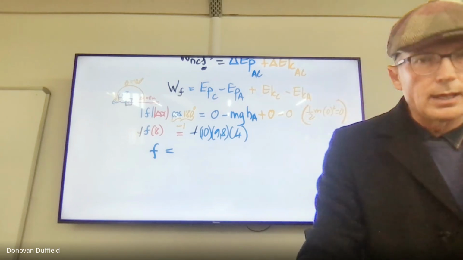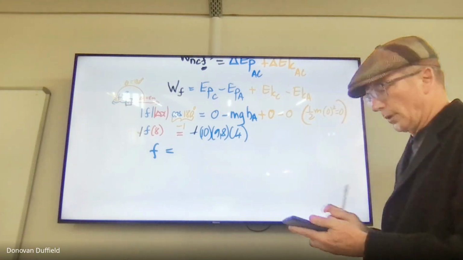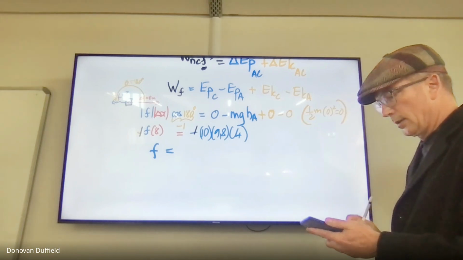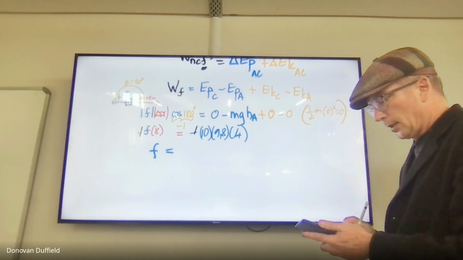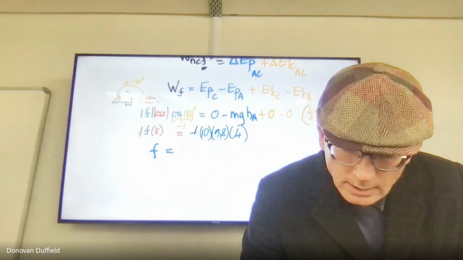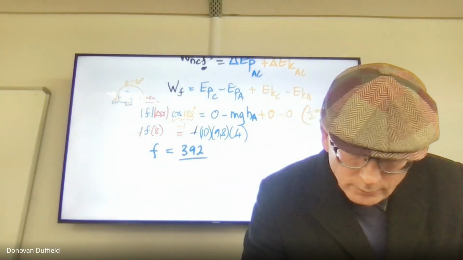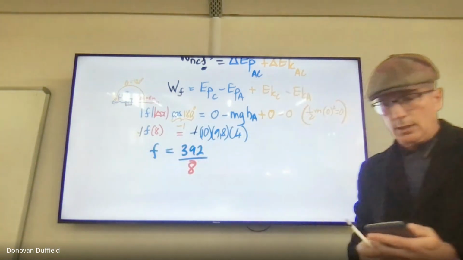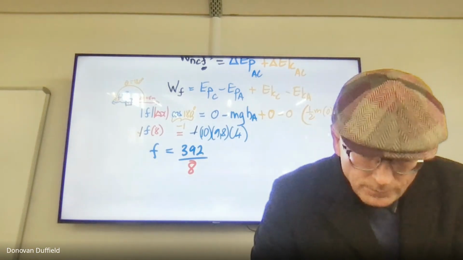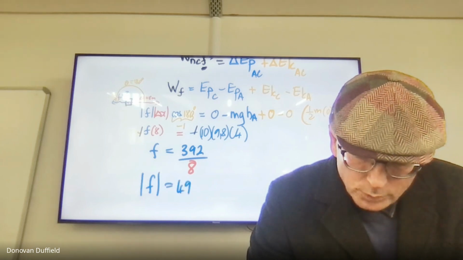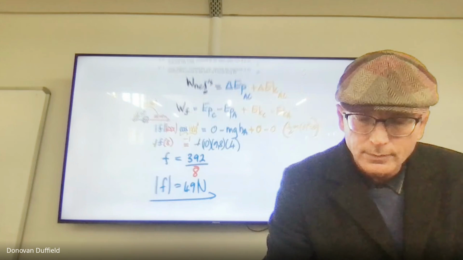So if we do that, we've got 10 times 9.8, which is 98, times 4 gives us 392. This gives us 392 divided by 8, divided by 8 on both sides. This gives us that the frictional force's magnitude is 49 newtons.